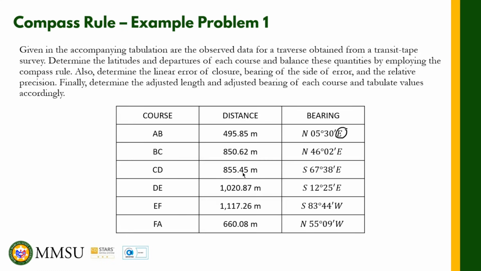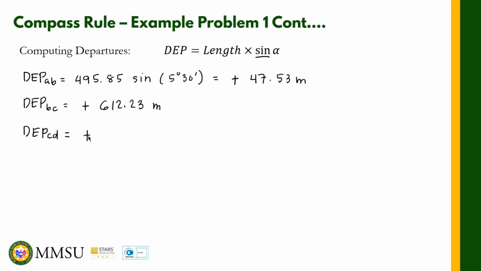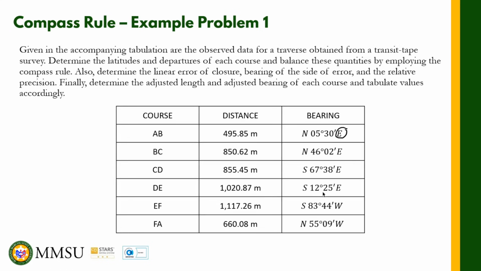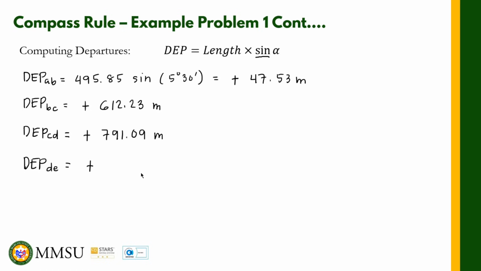We have 855.45 multiplied by the sine of 67 degrees 38 minutes east. So that's east. So this is also positive. So we have positive 791.09 meters. Next, we have departure of DE. Departure of DE is 1020.87 multiplied by the sine of 12 degrees 25 minutes east. So this is also positive.